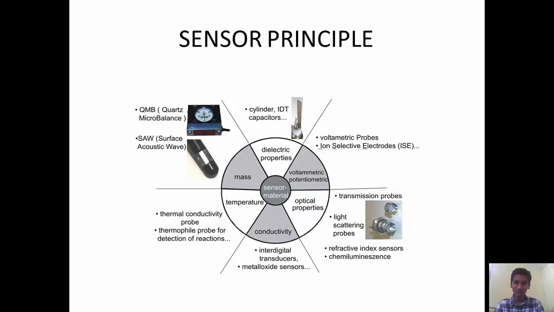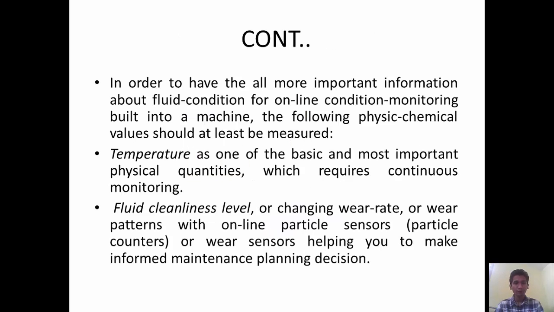This sensor contains dielectric property, voltammetric potentiometer, optical property, conductivity, temperature, and mass. With this one sensor, it can determine all the particles required in the fluid. For an online monitoring system of fluid condition, these are the physical measures that can be found in the fluid.